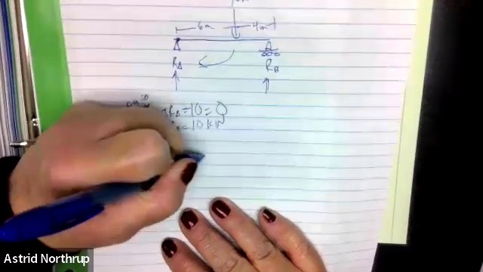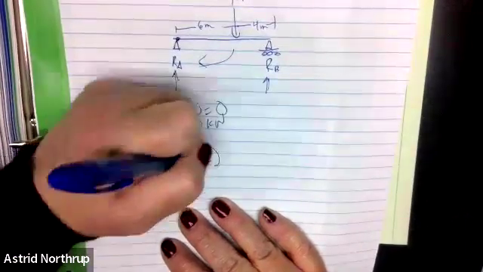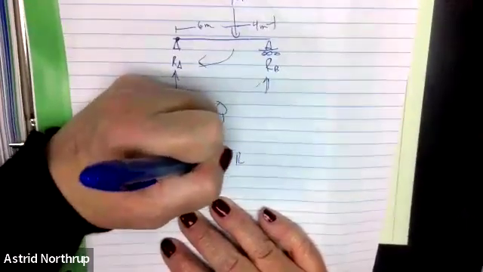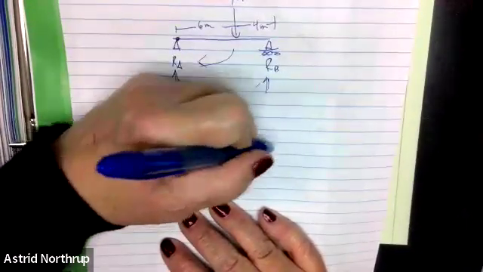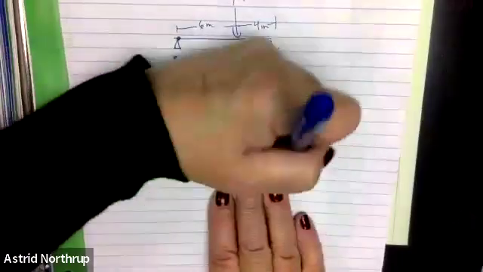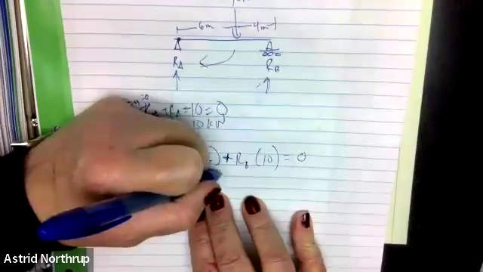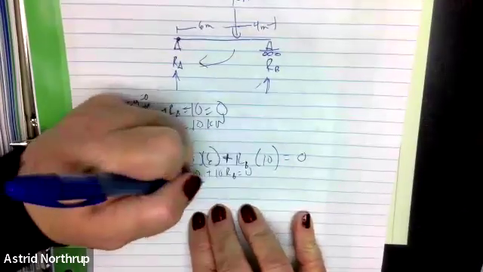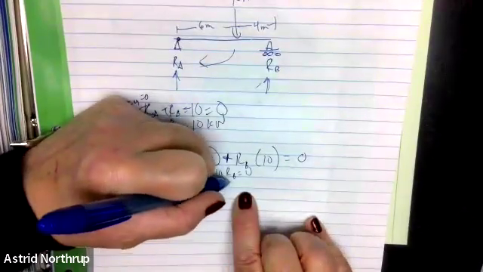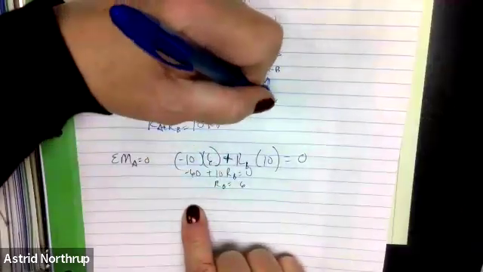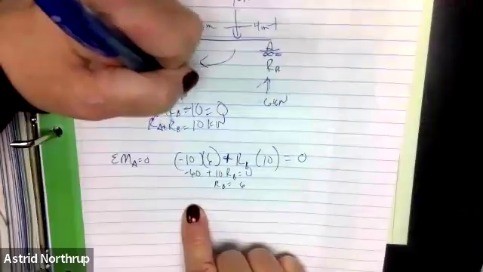So negative 10 times 6 plus R sub B times 10 is equal to 0. So you get negative 60 plus 10 R sub B equals 0, or R sub B equals positive 60 divided by 10, or 6. So this is going to be 6 kilonewtons. This is going to be 4 kilonewtons.